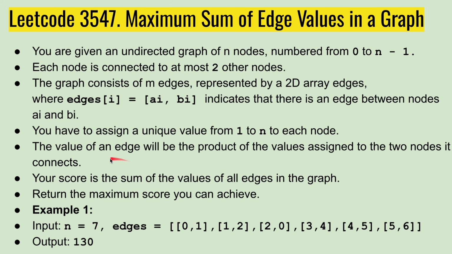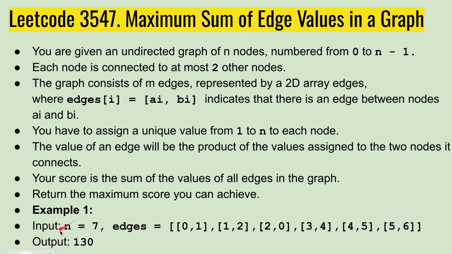The value of an edge will be the product of the values assigned to the two nodes it connects. So if two nodes are connected, we take the product. The score is the sum of the values of all the edges in the graph, and we have to return the maximum score you can achieve, right?